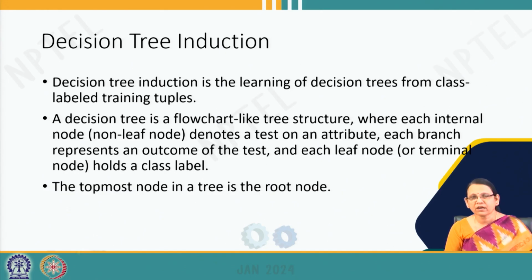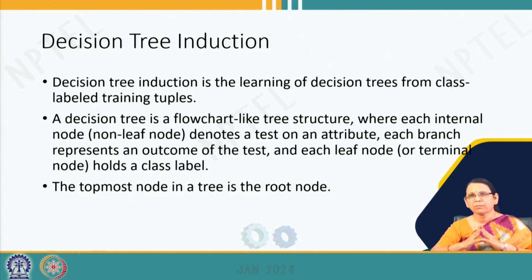So, when you build a tree, you make a structure where there will be root node, there will be branches and so on. The root and the internal nodes are called non-leaf nodes. They basically test various attributes, and as you branch based on certain criteria, you end finally in a leaf node or the terminal node.